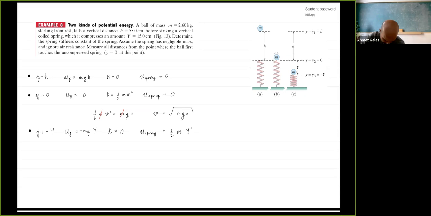Now I know 1/2 ky squared minus mgy should be equal to mgh. Cancel m, cancel m, cancel m. And here, this is like a quadratic equation, but I think y is given.